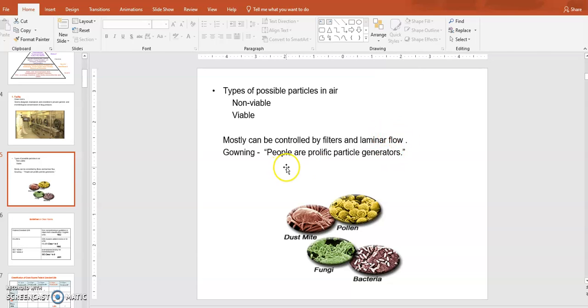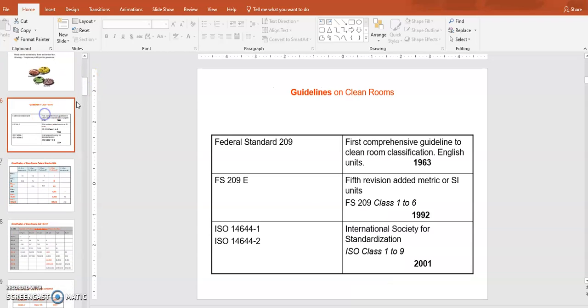And gowning, of course, people gown up to prevent the shedding of contaminants from the body. So for clean room specification, there are 3 different classification systems being used in the industry. The federal standard is a specific standard used only by the United States, by companies there.